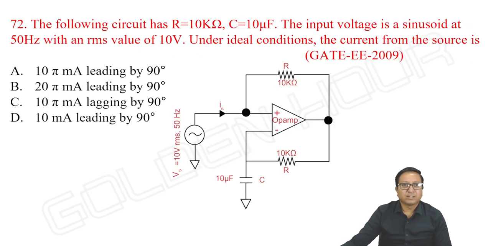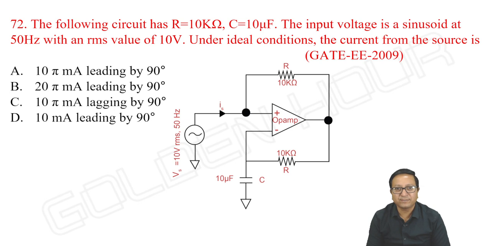Next. The following circuit has R is equal to 1 kilo ohm, 10 kilo ohm, C is equal to 10 microfarad. The input voltage is a sinusoidal at 50 Hz with an RMS value of 10 volts. Under ideal conditions, the current from the source is, okay. They are asking us to find the current. Anyway, we have found the value of Vs by Is. That value is known to us. Is it not so?